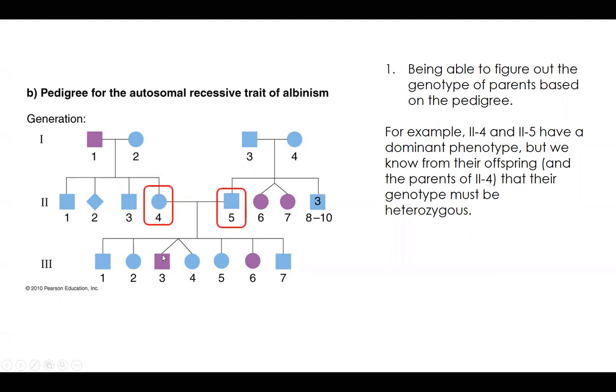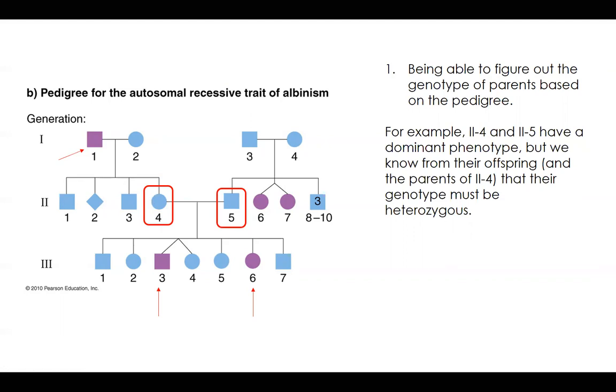Okay, so these two here, you can see they're homozygous recessive offspring. Additionally, individual 2-4 has a homozygous recessive parent. So this particular parent can only pass on a recessive allele. So this person has to be heterozygous, or what we call a carrier.